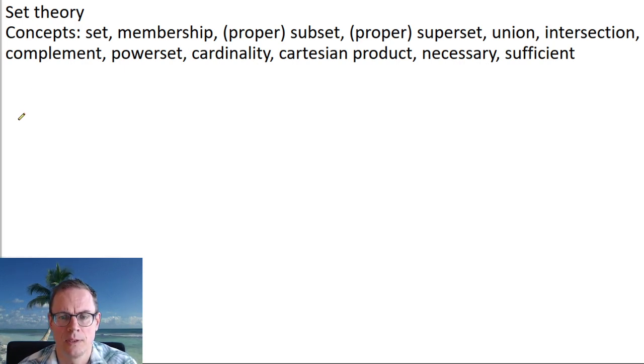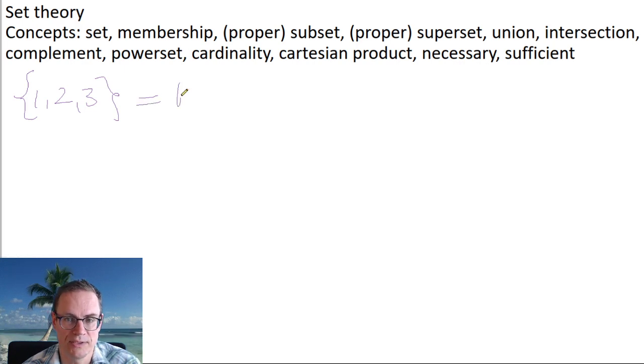So, clearly, the central concept in set theory is that of a set, and by now you'll be used to the convention of writing a set by listing its members enclosed in curly brackets. So here we have the set containing the elements 1 and 2 and 3.